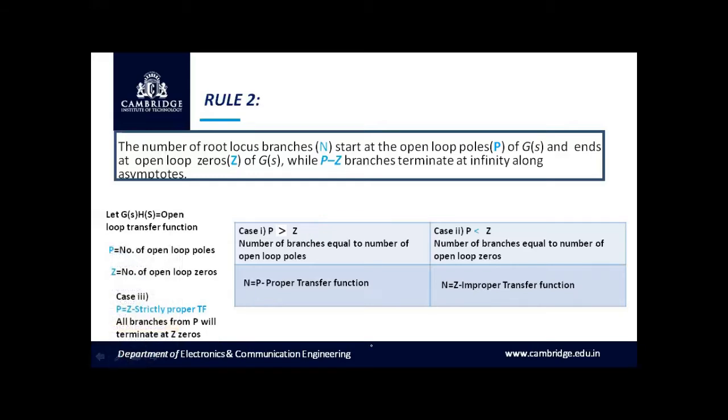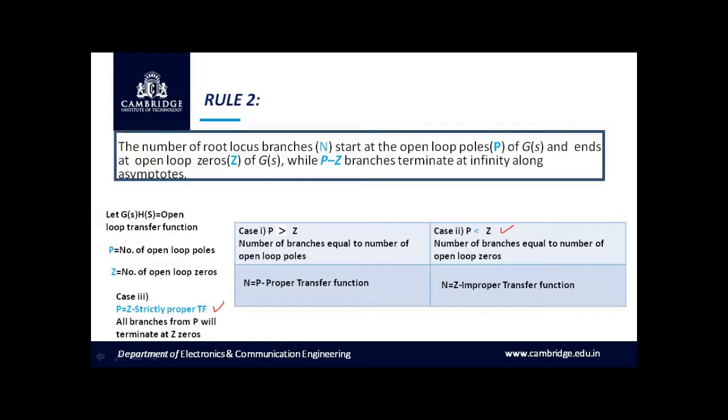On the other side, if P is less than Z, the number of branches will be equal to the number of open loop zeros, that is, N equals Z, and we call it an improper transfer function. Finally, in case 3, the number of poles is equal to the number of zeros, and hence we call it a strictly proper transfer function.